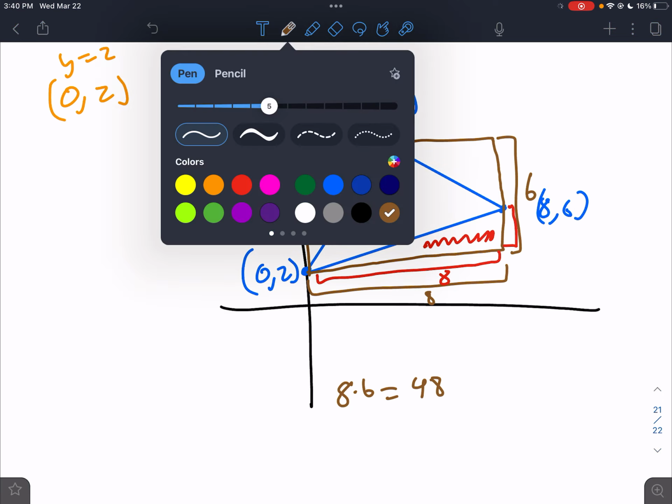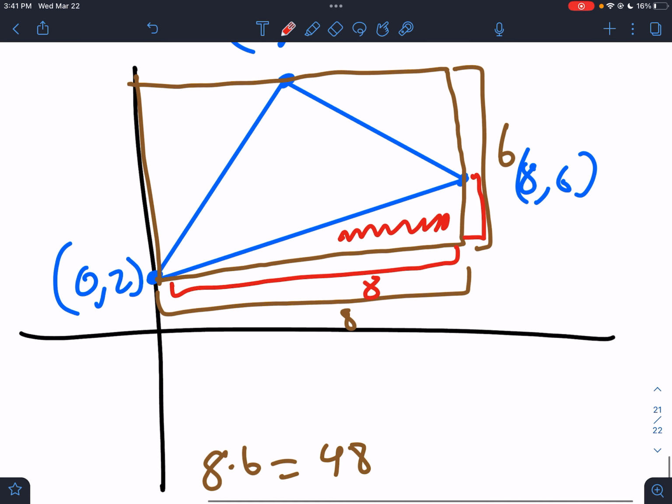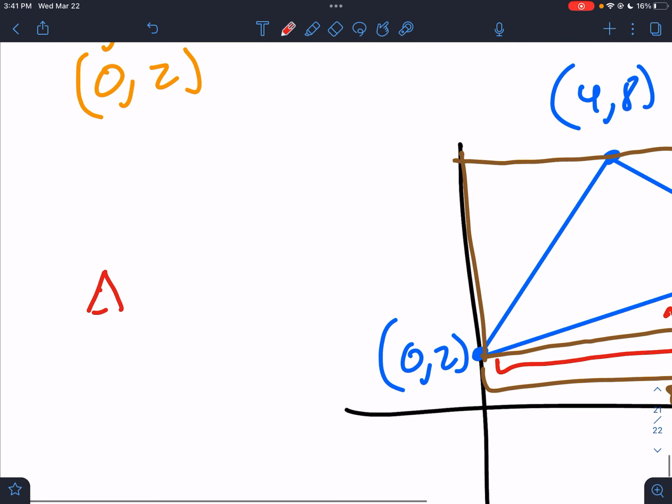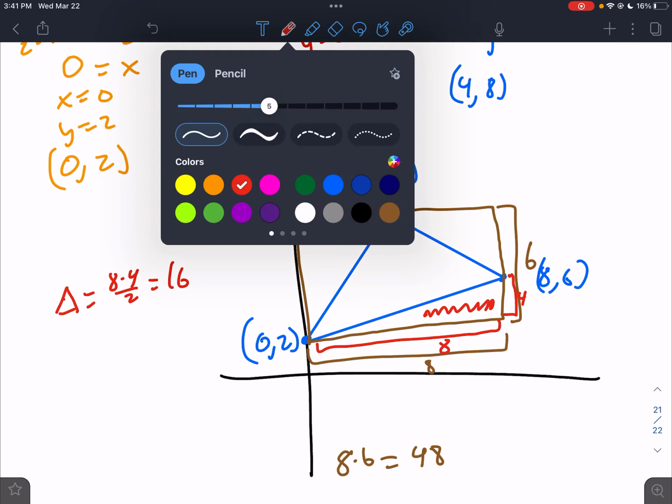I caught my mistake. Okay. Because the top is at 4, 8. So it's from 2 to 8. There we go. Okay. This one is from 2 to 6, which would go to 4. So the red triangle would be 8 times 4 divided by 2, which is 32 divided by 2, which is 16.